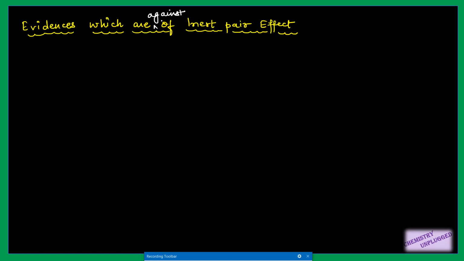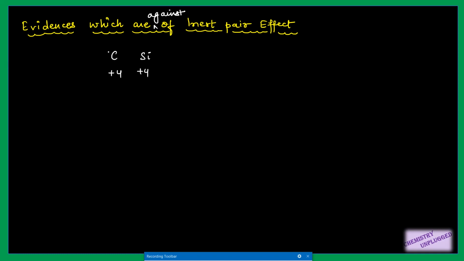Next topic is evidences which are against the inert pair effect. So first we should know what the inert pair effect is, then we can move to the factors which are against it. Suppose we are taking the carbon family here. In the case of carbon and silicon, the more important oxidation number is +4.